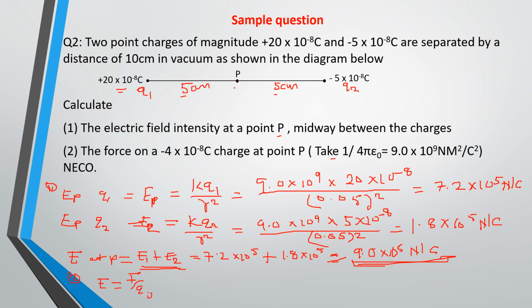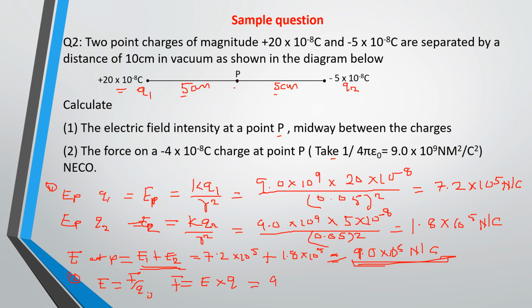Therefore, the force is equals to electric field intensity times the charge. Okay, so from our calculation, we have already gotten the electric field intensity for this particular problem. So what you now do is substitute into that.